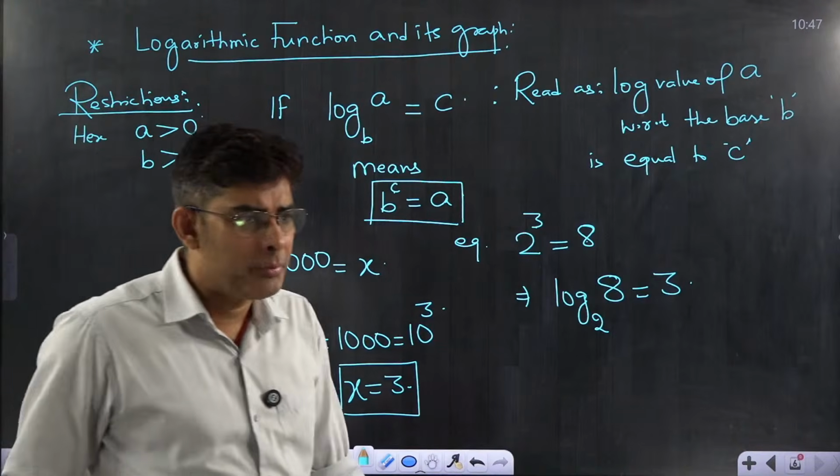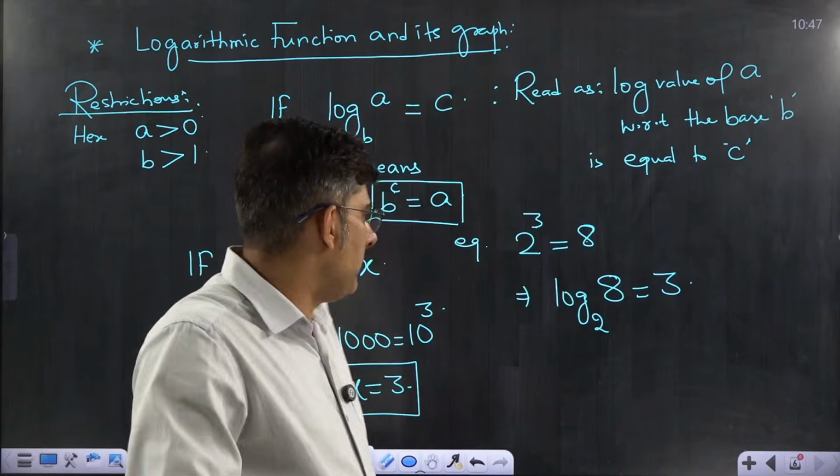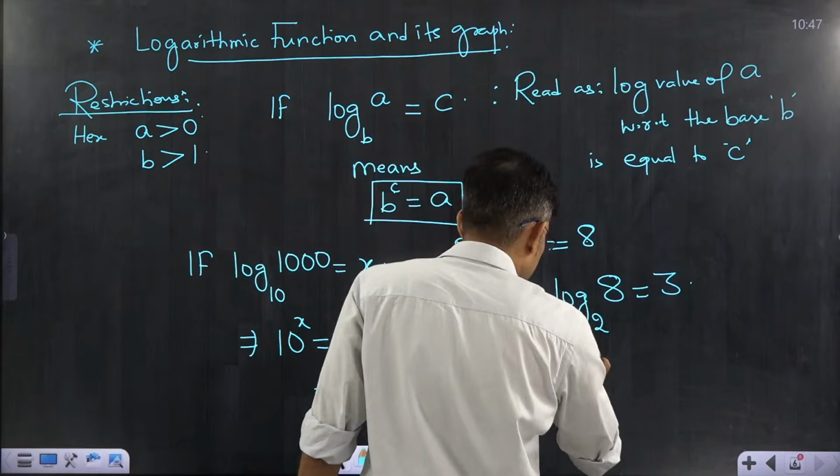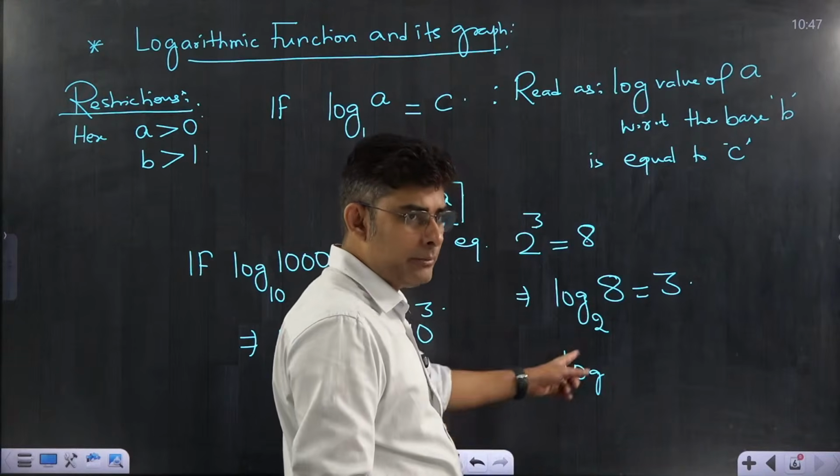The answer that power should not be negative is wrong. You can have negative power also. Let me prove you wrong, not with an intention to demotivate you but to explain you. Power can be negative also.